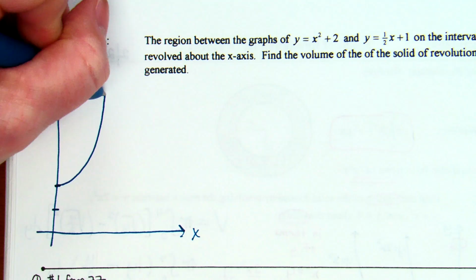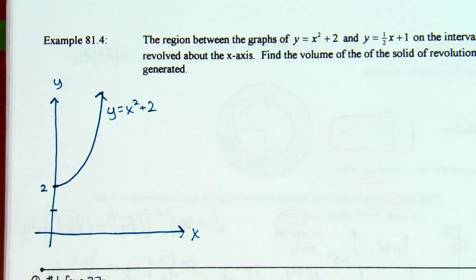What does y equals 1/2 x plus 1 look like? It's a straight line that's gone up one and has a slightly different slope. You had to think about that. It intersects the y-axis at 1 and then has a slope of 1/2.